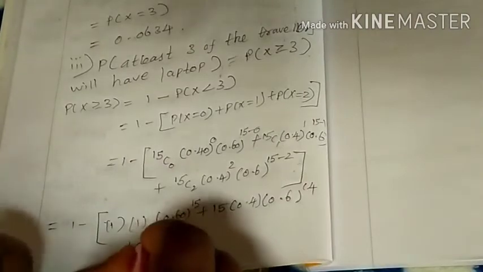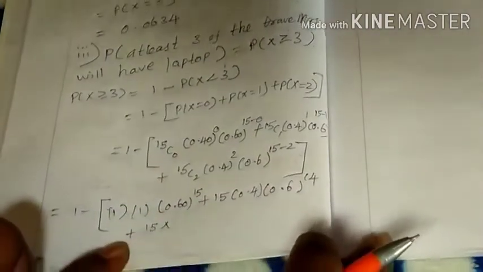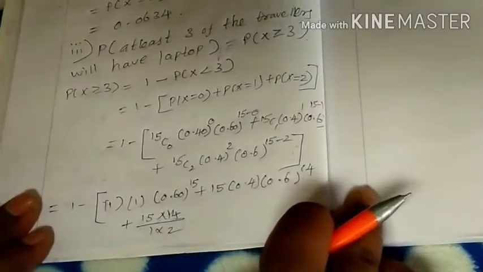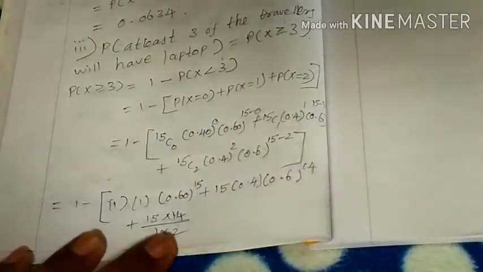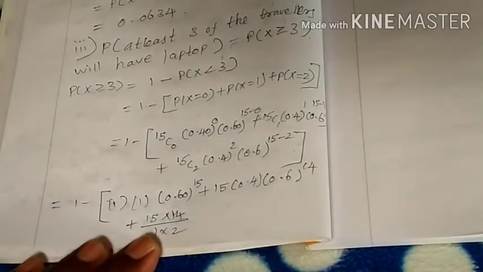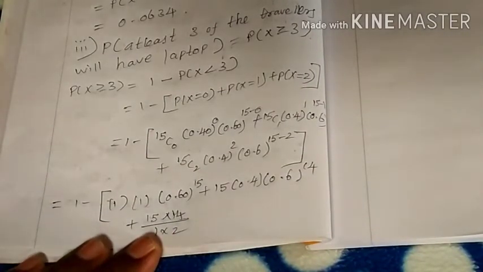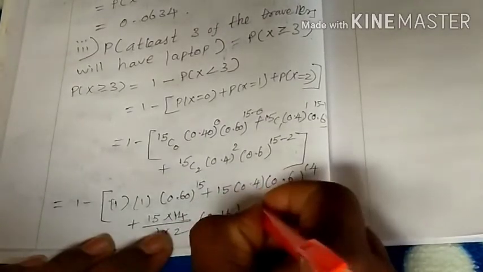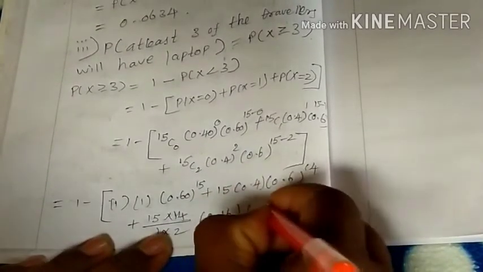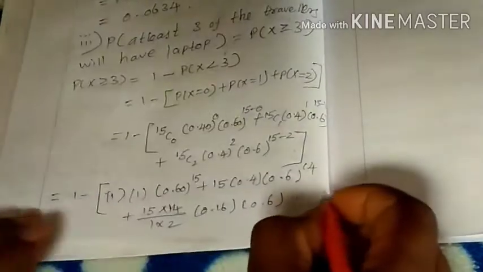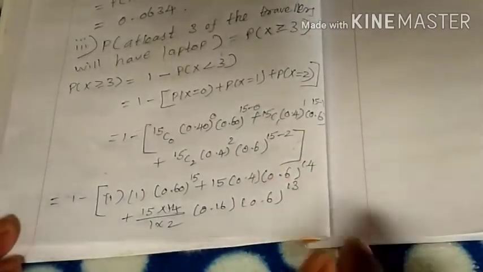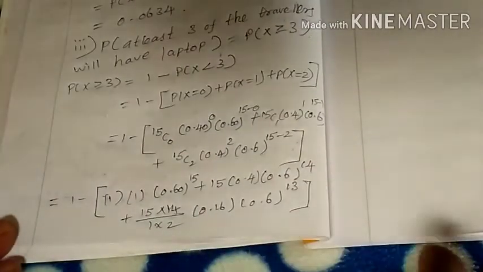Then plus 15C2, 15 into 14 divided by 1 into 2. Then 0.4 power 2 using the calculator is 0.16, then 0.6 power 15 minus 2 is 13.